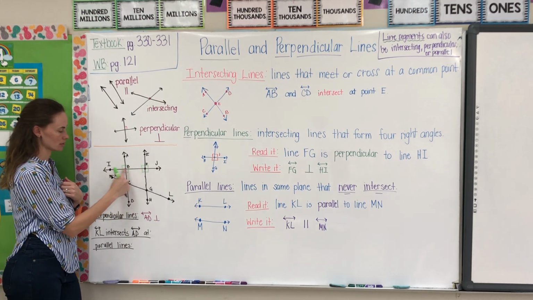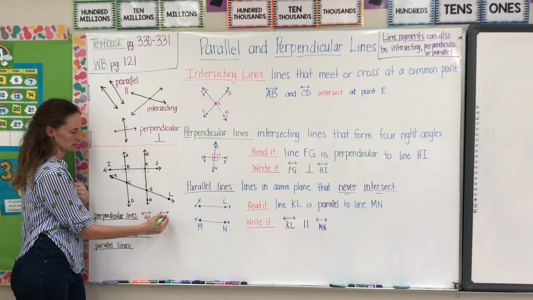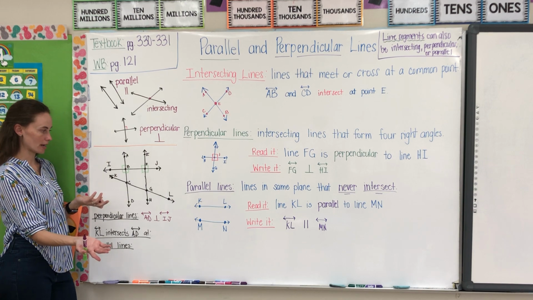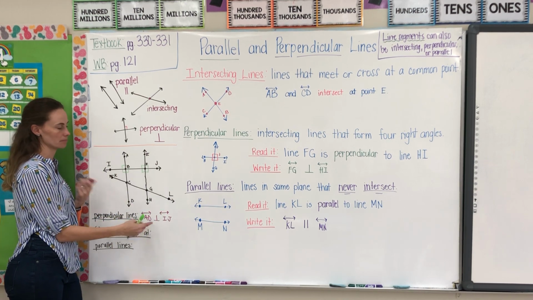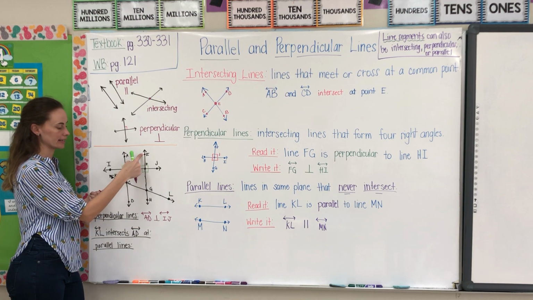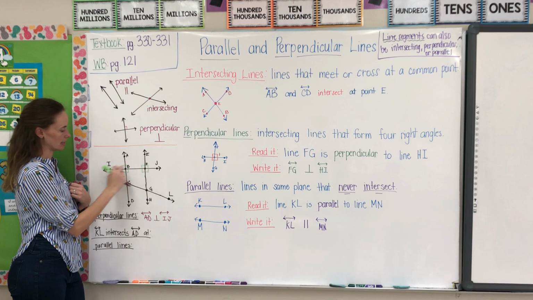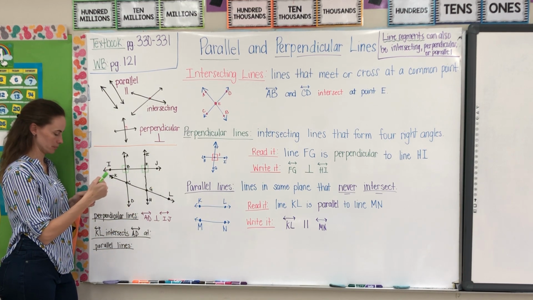What's the line that it crosses? IJ. Right? We could also have done it the other way around, because IJ is perpendicular to AD. Also line EH is perpendicular to line IJ. So that was another option that you could put.